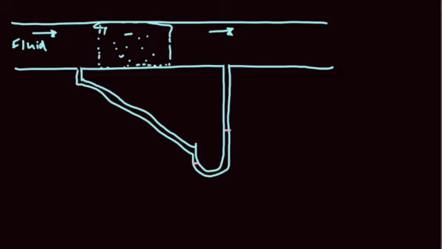Let's see if I can do this. I'm hoping I can fill this. Yeah, so there we go. So that's that secondary fluid, and we're going to say that there is a height A from the pipe to this level here.